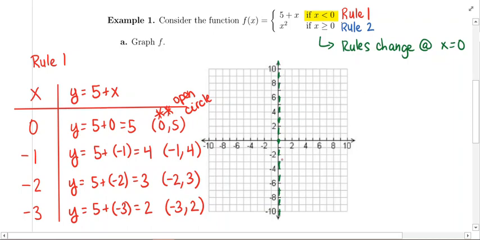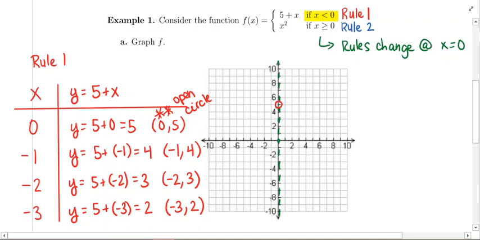So you can only have an open circle along this green vertical line somewhere. Everything else, the -1, 4, the -2, 3, the -3, 2, those will be closed circles. Again, very important, the only place you can possibly have an open circle is where the rule changes.